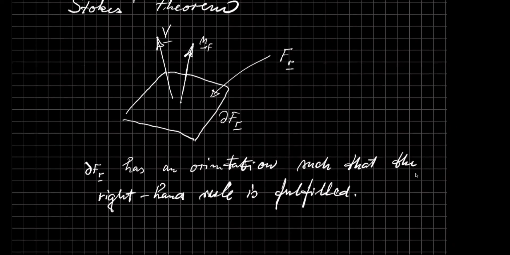And it's simply, if you look at it, if this is a direction, this will fulfill the right-hand rule. And the way I remember it is that I take my right hand and put the four fingers in the direction of orientation of the boundary, and then the thumb should point in the direction of the normal vector. That's the way to remember this.